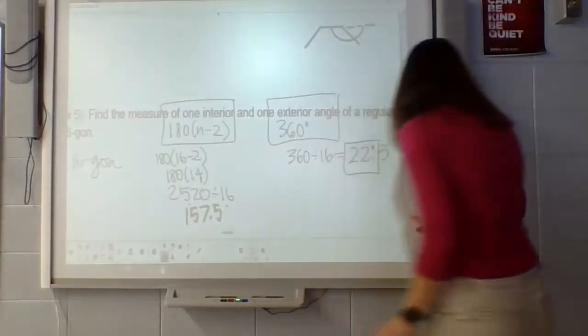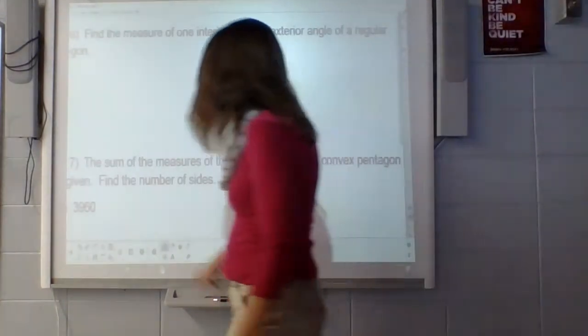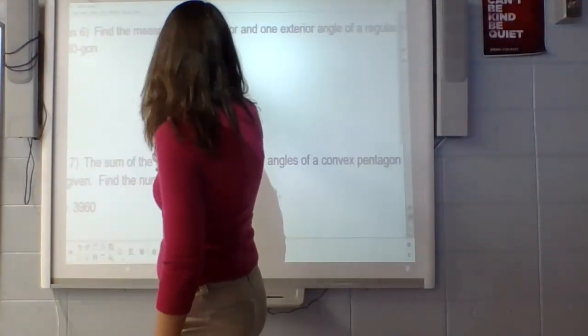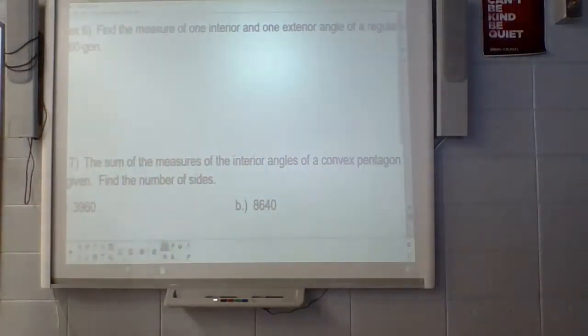All right, so try the next one on your own. It's a similar question, but this time it says a regular 60-gon. You're going to come across these a lot. Find the interior and exterior angle.